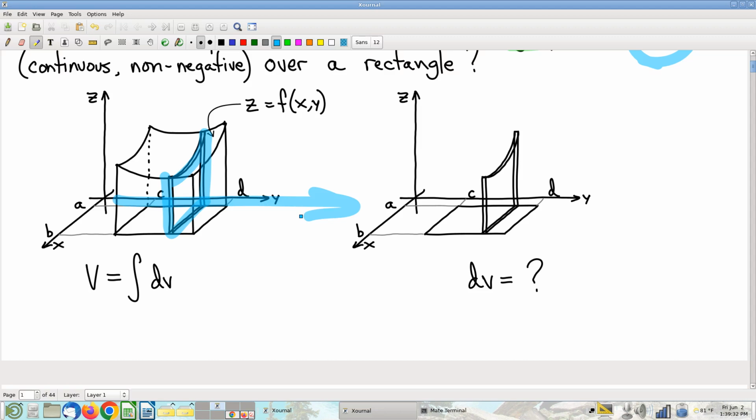I was doing my dy slices, you might say, first. What if I took a totally different slicing strategy? What if I sliced perpendicular to the x-axis first? My slices would look like this, approximately.